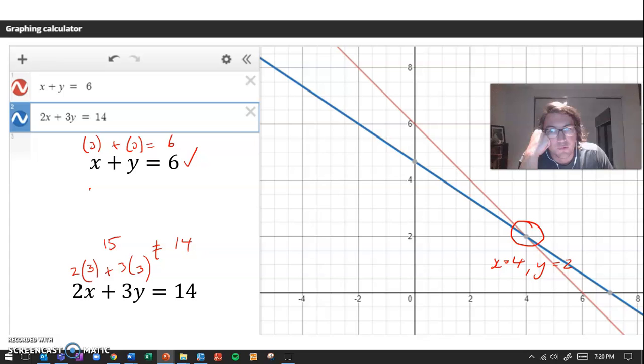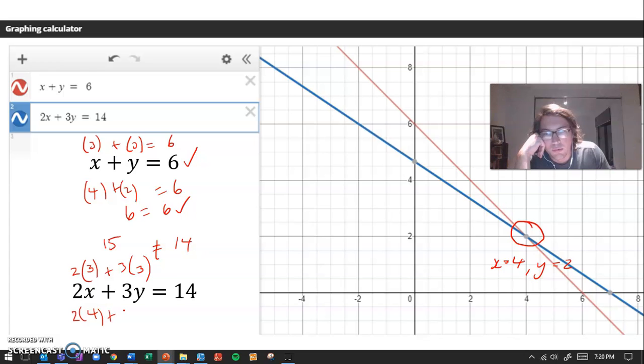We can say when x is equal to 4, 4 plus 2 is equal to 6. So 6 is equal to 6, that's true. And 2 lots of 4 plus 3 lots of 2, we can test that that's equal to 14. 2 lots of 4 is 8, 3 lots of 2 is 6, 8 plus 6 is 14, so 14 is equal to 14, that's true.